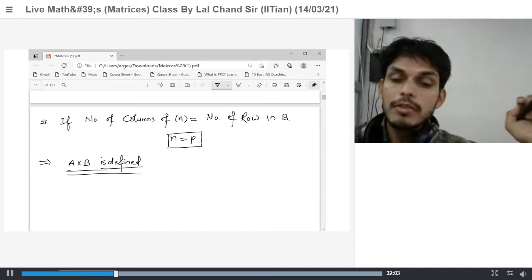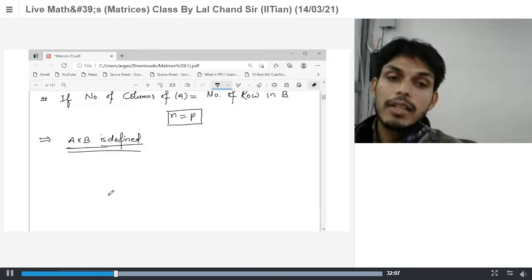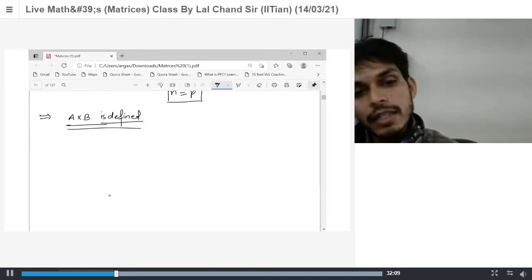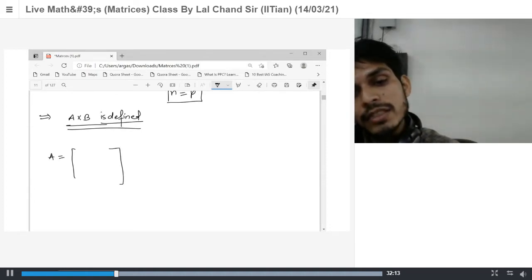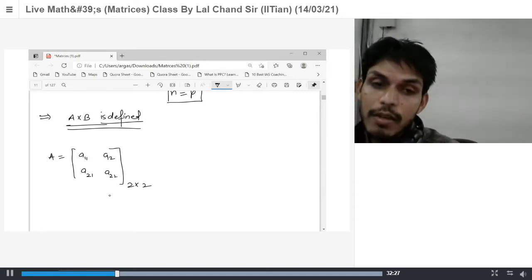So now, how do we define A cross B? Let us suppose I have a matrix A, let's suppose this is 2 cross 2. So I have A11, A12, A21, A22. Basically, we write in this manner to represent the particular elements. These are the elements.